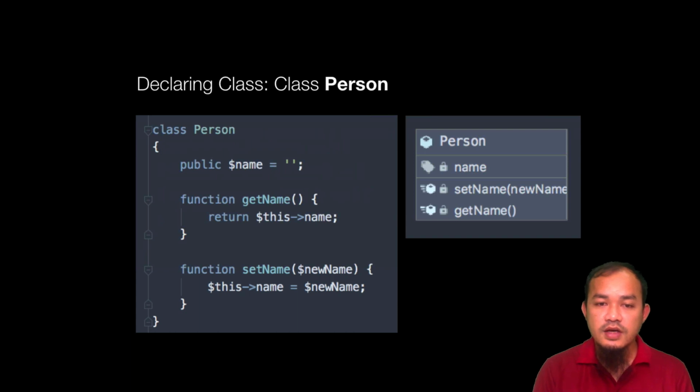In the function setName, we have one argument, the new name. If we draw the class diagram, we see the figure on the right-hand side: Person, name, setName and getName.